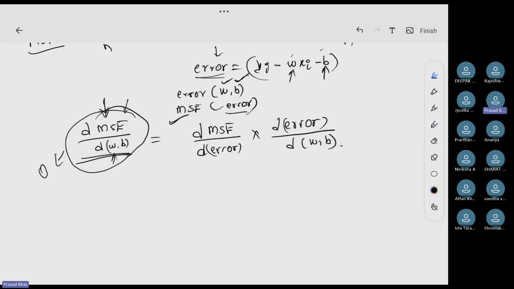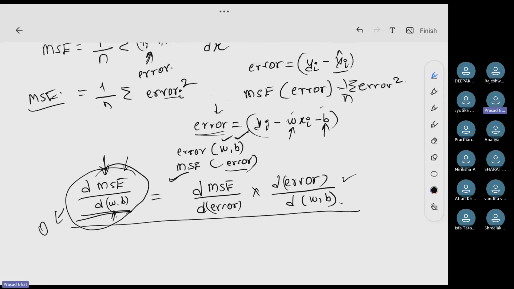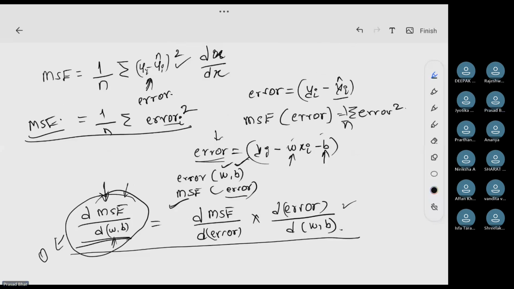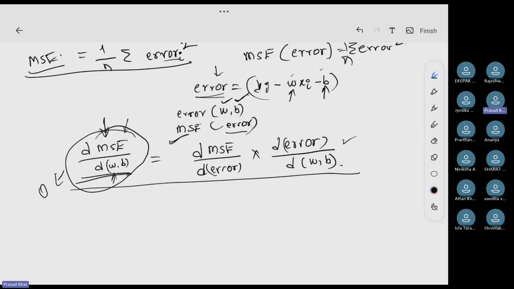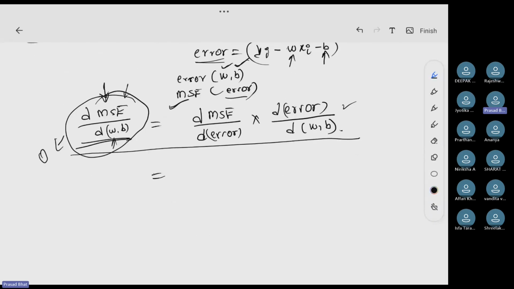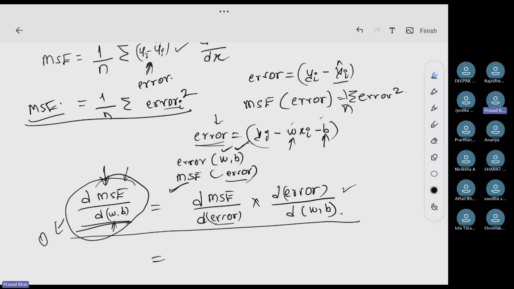Okay, let me continue. Right now, so far we have understood how we arrived at this particular expression. So here, if you look at this, what is the function? This one, right? So I will write it down. d MSE by d error is what? Error is simply squared in the expression, right?